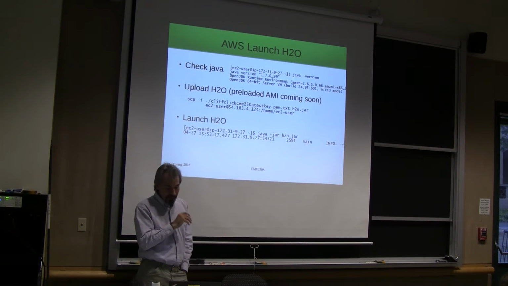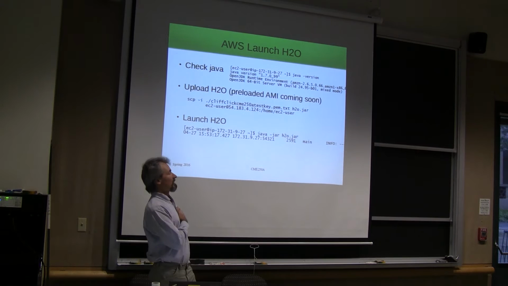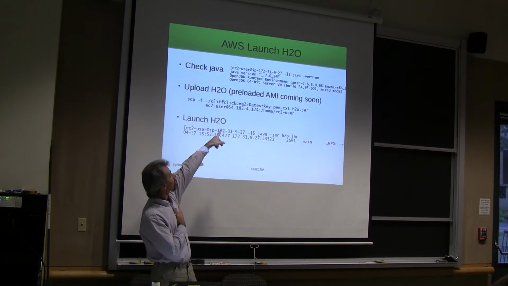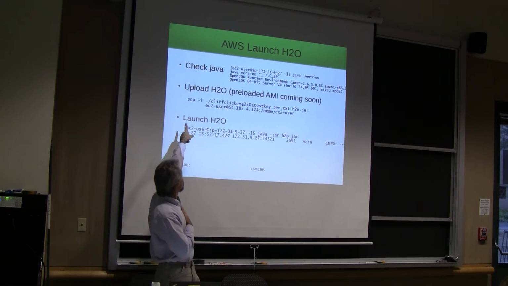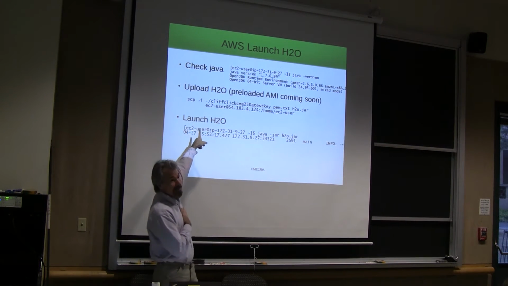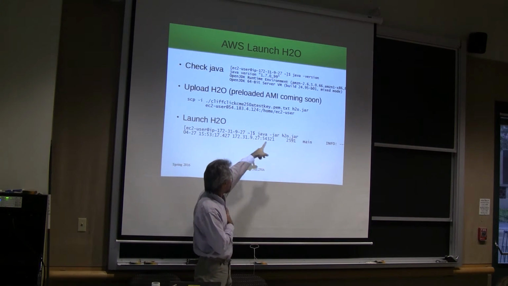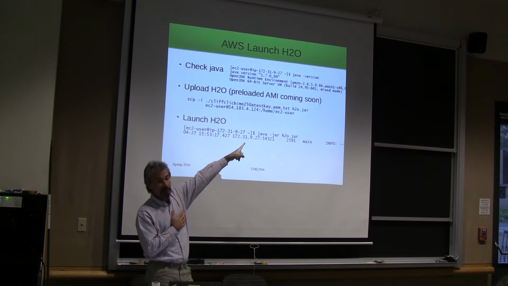Okay, so what I did with my little AMI instance there was I just logged in to a cluster of 1, tiny little thing. Up in the top right, it's a Java version, got that version just reported. What I did was upload using SCP, which is secure copy, this is Linux, right? For the secure copy, you have to put your key on it. I gave it a jar file, that h2o.jar I just got from the H2O website.